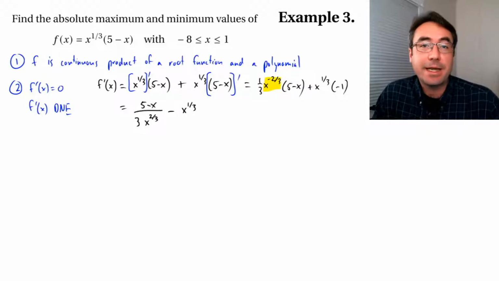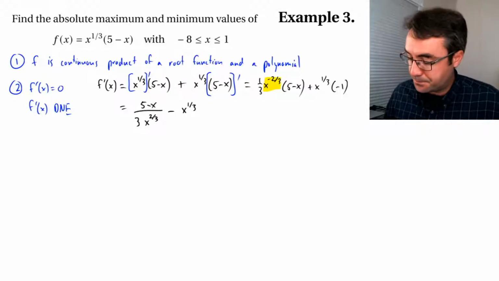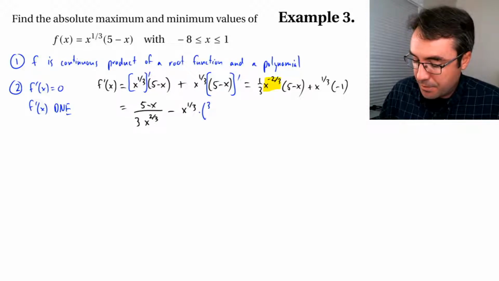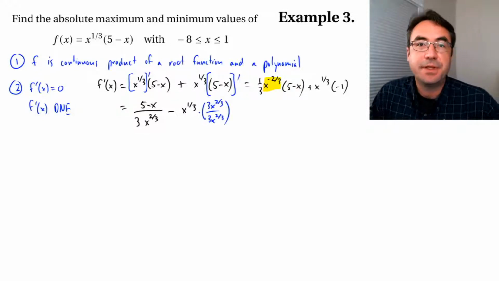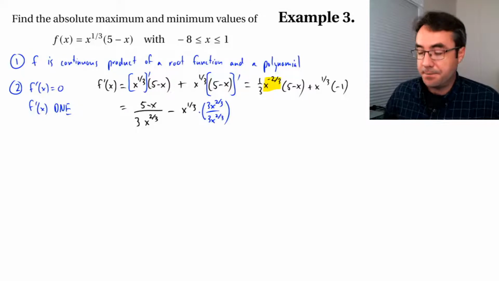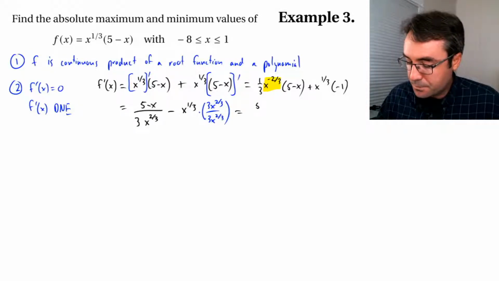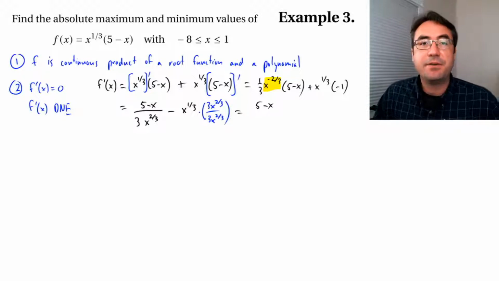So to do that, we're going to get a common denominator. We're going to multiply this second term by 3x to the 2/3 over 3x to the 2/3 power, just a fancy one to get our common denominator. When we do that, we're going to have 5 minus x from the first term.